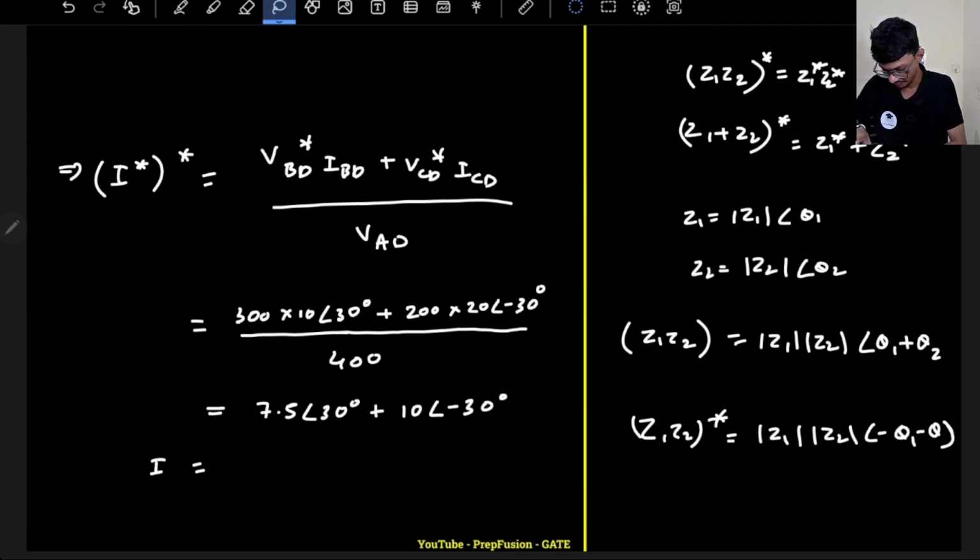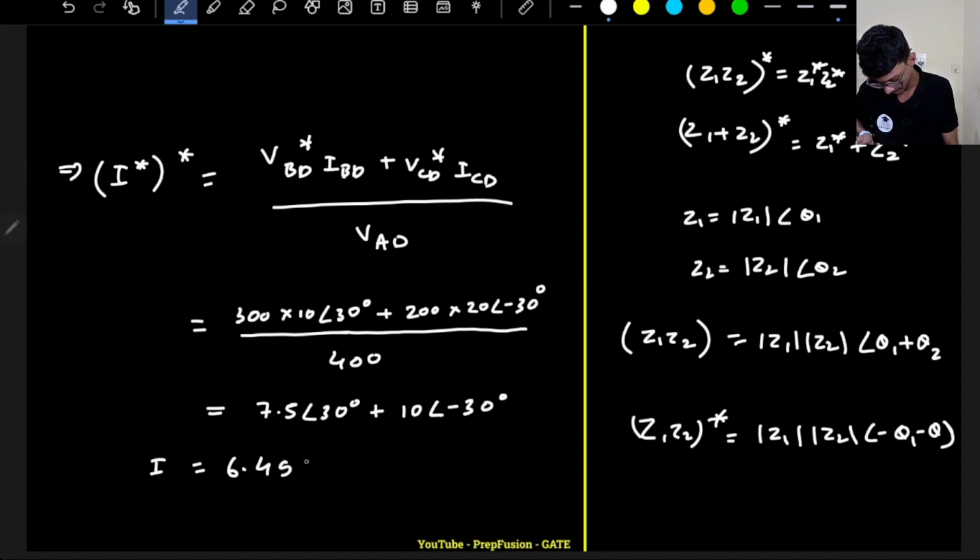If I want to calculate this value, 7.5 cos of 30 will yield me 6.49952, and plus j 7.5 into sine of 30 will yield me 3.75.